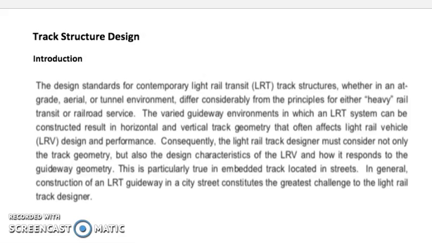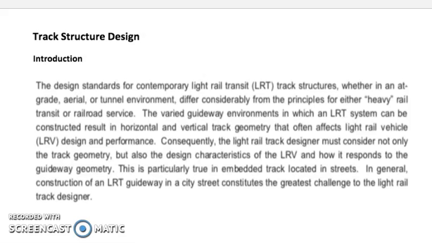So the design standard for a track structure is dependent on the grade, the aerial, or the tunnel where our track will be designed. So they have different principles to be considered from heavy rail transit or railroad services.